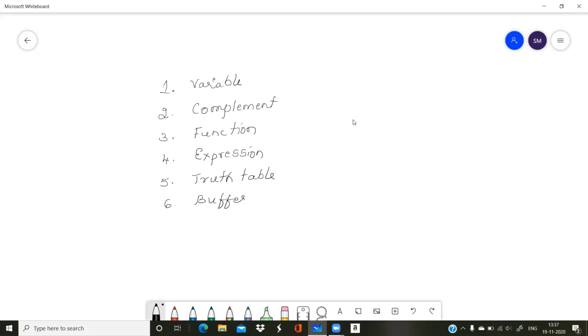These are the few definitions we have studied in the first session.